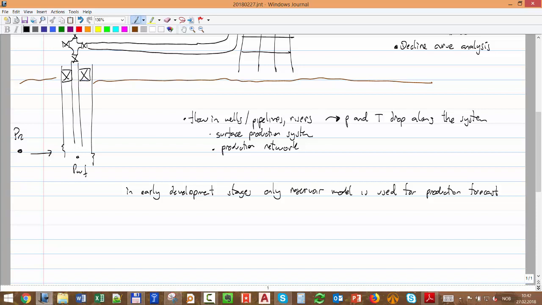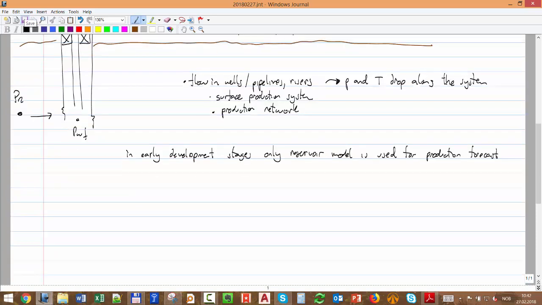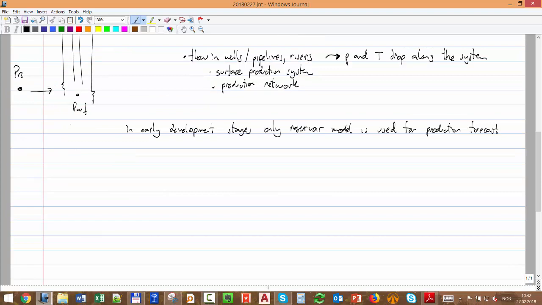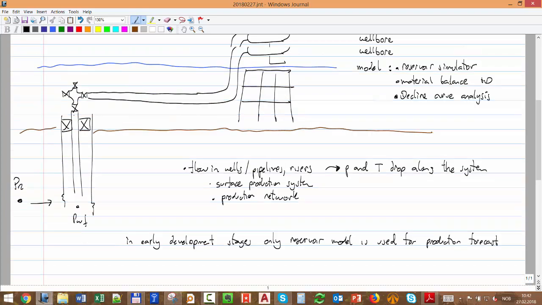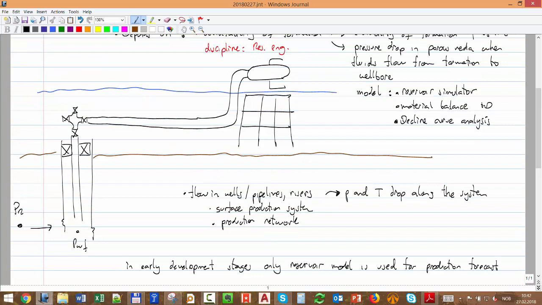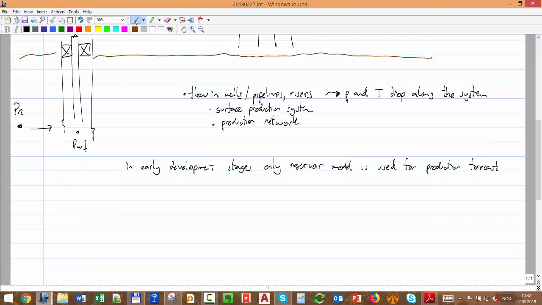So I'm going to have a discussion on that, but just to give you the full picture, I want to talk first about the interaction between these two, between the production system and the reservoir system. And for that, I want to use a term called flow equilibrium.